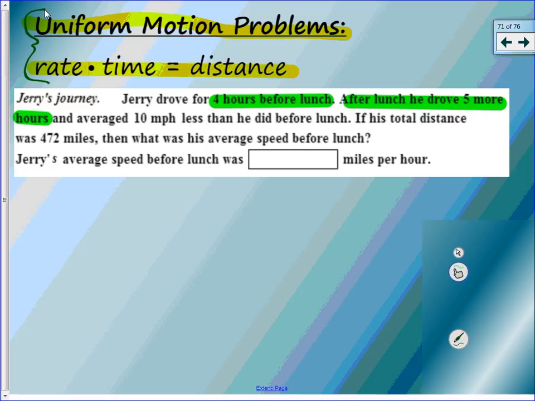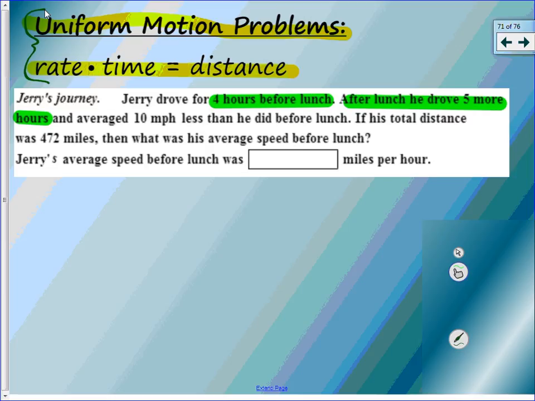And then 10 less, so the speed was, when did he drive faster or slower? Before lunch or after lunch? Yeah, so the speed was faster before lunch, slower by 10 miles per hour.